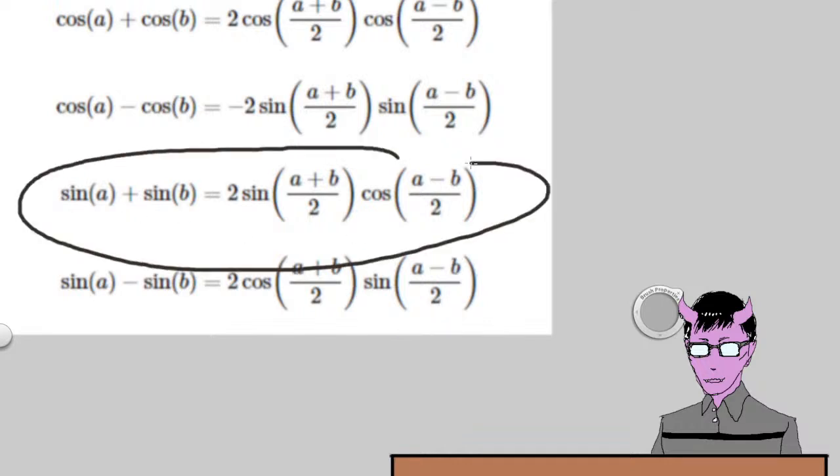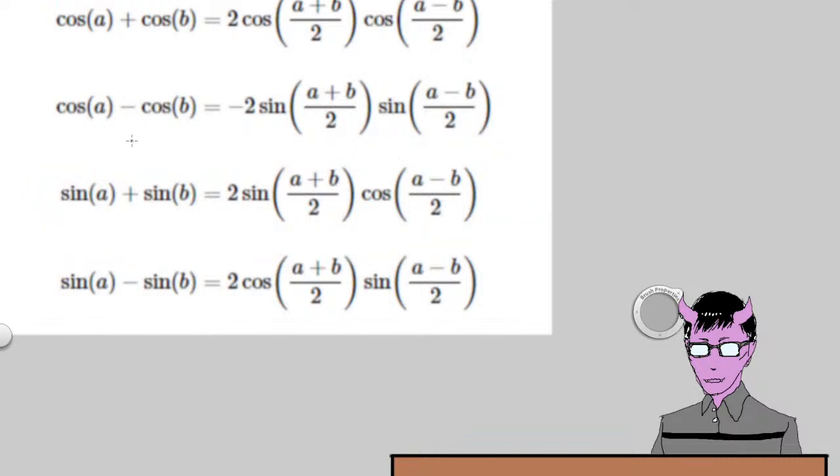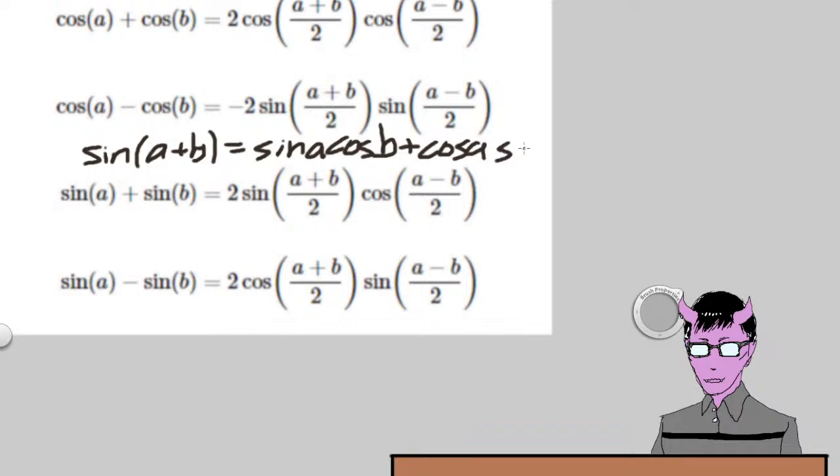If you can memorize this formula right here, remember this one? If you have sine of a plus b, and we do the expansion, the sign keeps the same sign, and it changes into sine a cosine b, keeping the same sign, and then plus cosine a sine b. So if this is plus, then this is plus. If it's minus, then this one is minus.